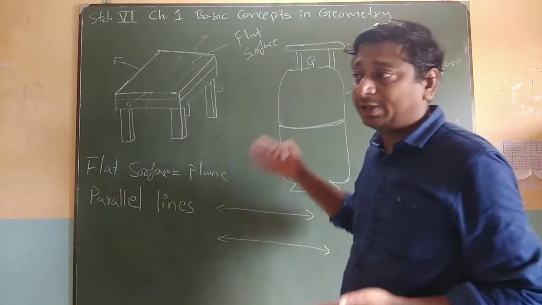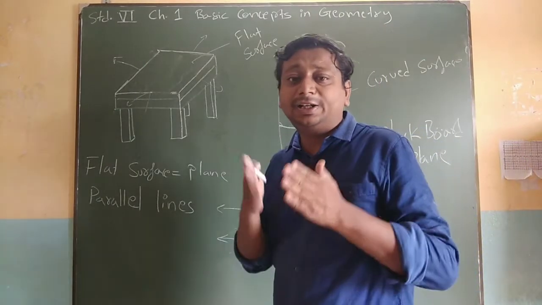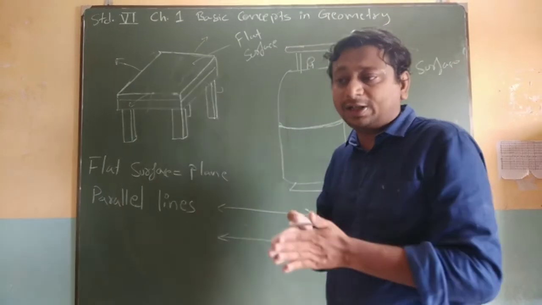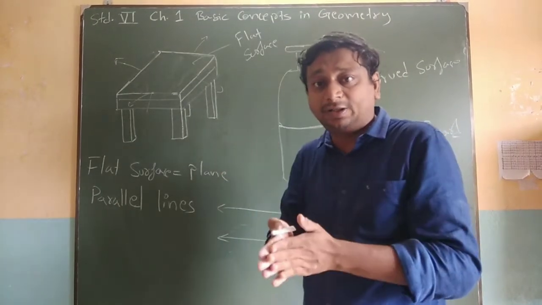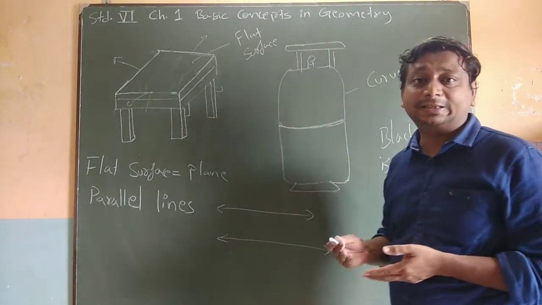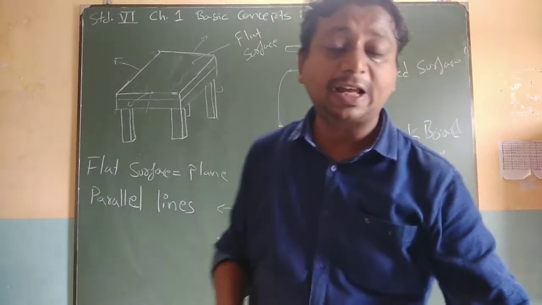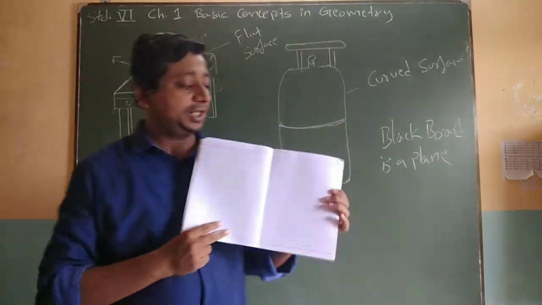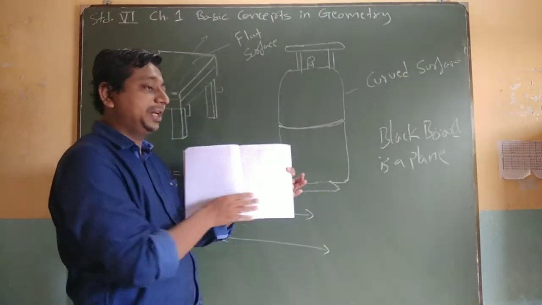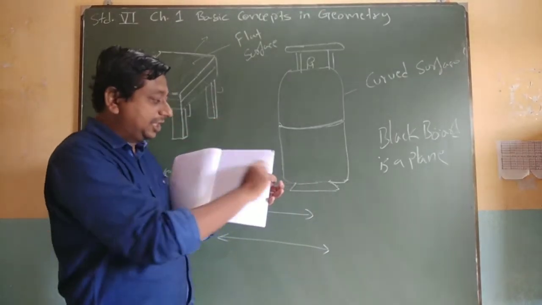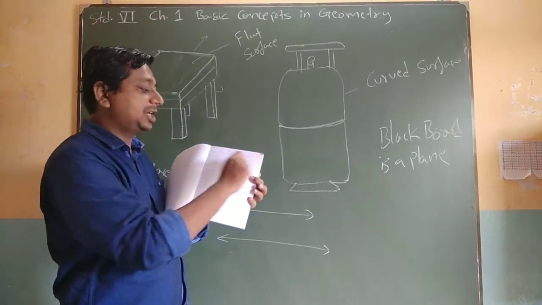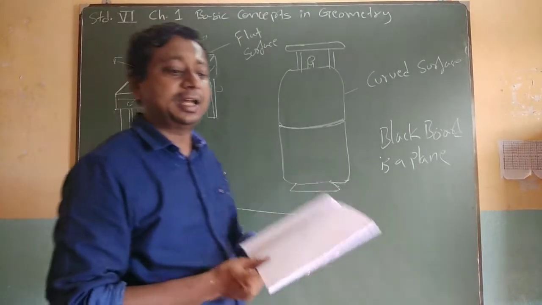The lines in a plane which never intersect, or don't join, are called parallel lines. For example, in your notebook, see all these ruled lines. The notebook is your plane. Are these lines joining or intersecting each other? No. So these are all parallel lines.